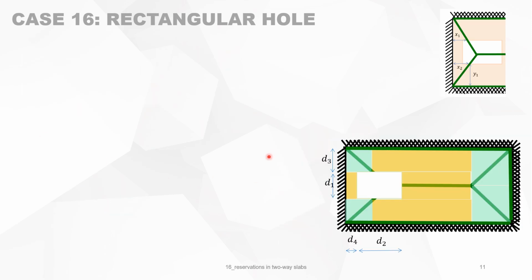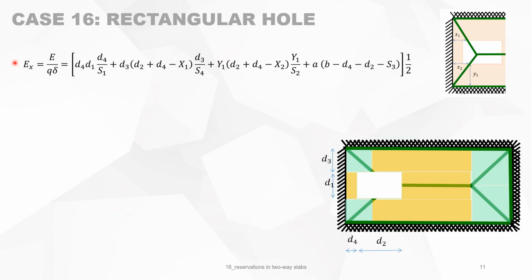So now we can easily calculate the work done by the external forces, and you see that for the orange parts, the rectangular parts, we will have like this one, d1 times d4 times the mean deflection. It's 1/2 of the maximum, and the maximum is d4 over s1. That's for this part.